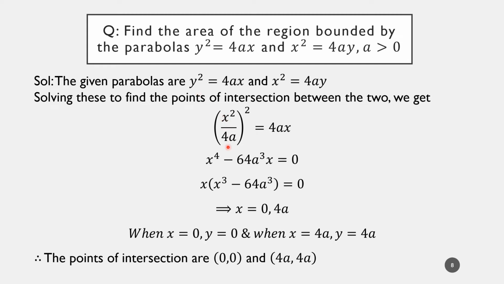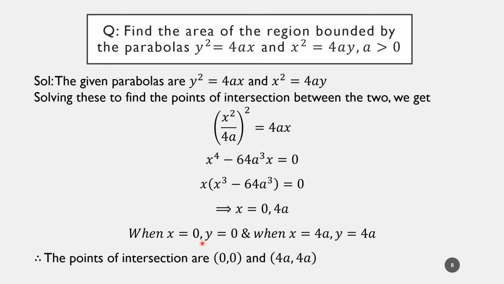So this is (x square upon 4a) whole square equal to 4ax. After taking the LCM and shifting all the values on the left hand side, we are left with x raised to power 4 minus 64a cube x equal to 0. Taking x common, I am left with x cube minus 64a cube is equal to 0, which gives the value of x as 0 and 4a.